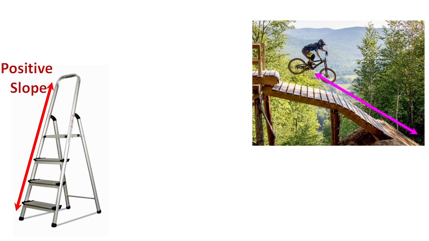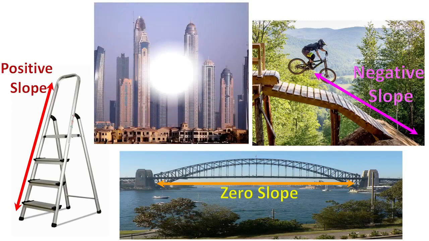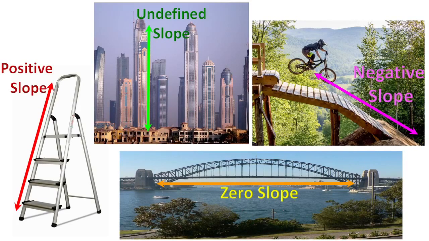This is an example of a negative slope that is slanting downward from left to right. What about this bridge here? Horizontal slope. And what's the value of the slope? 0. What about the last figure, the skyscrapers? Vertical slope. So these are concrete examples wherein you can see the slope.